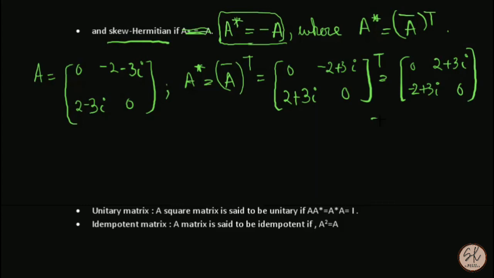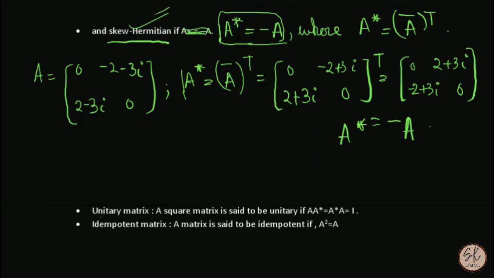So this is equal to minus of A, isn't it? So therefore this is a skew Hermitian matrix, as A star is equal to minus of A.